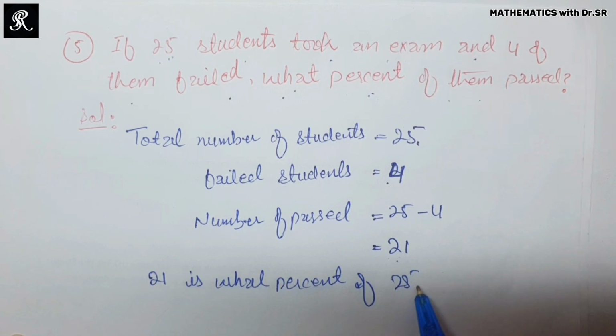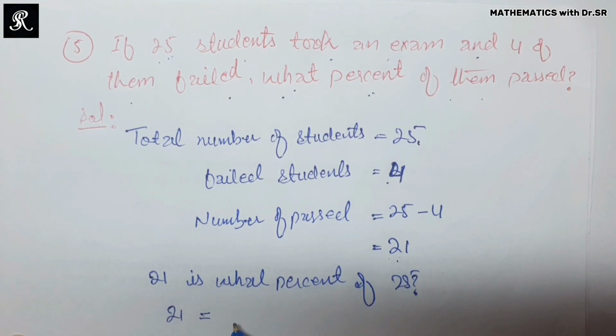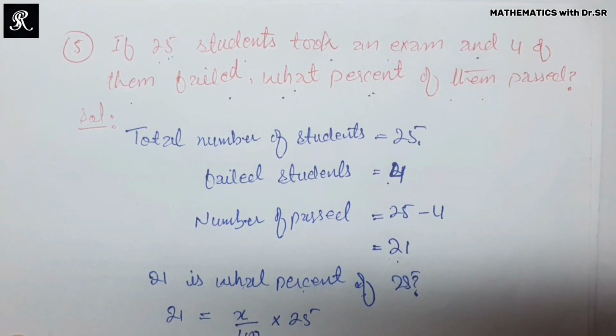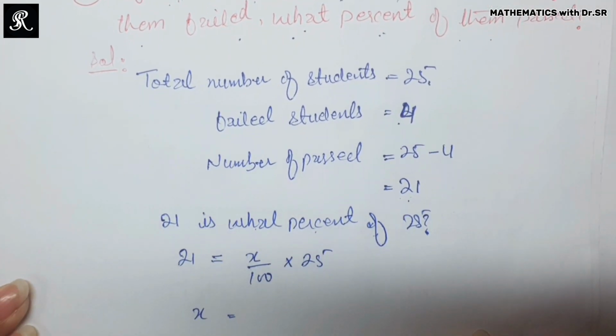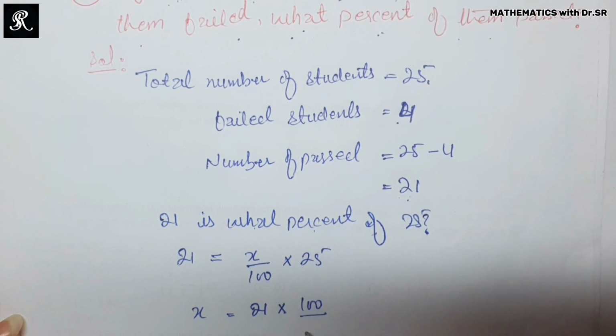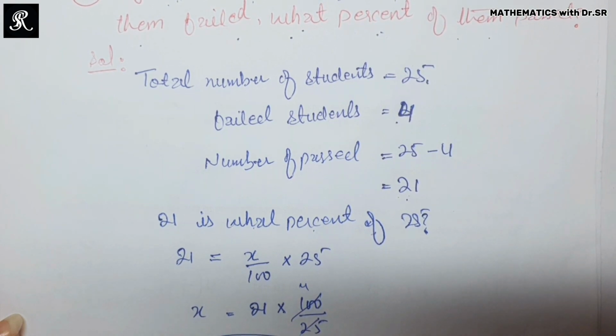And again here we will use those replacements, that 21 is what percent of 25. When we simplify it, we will do a bit of manipulation here. So that would be 21 multiplied by 100 upon 25. So we will simplify it and we will get 84%. This would be the solution.